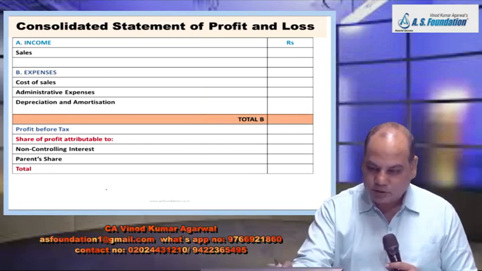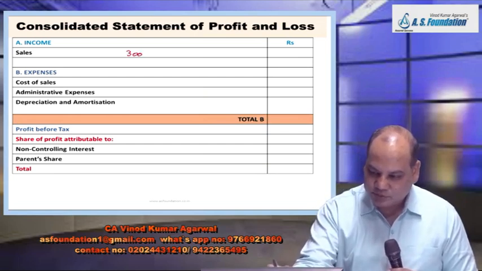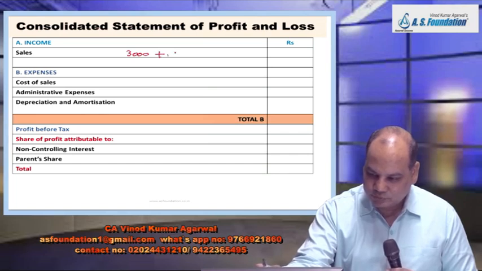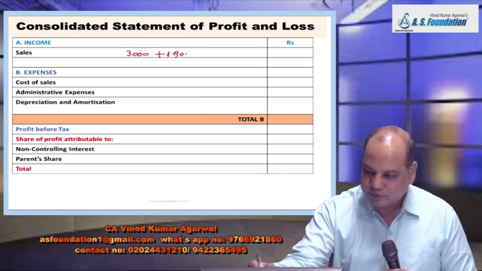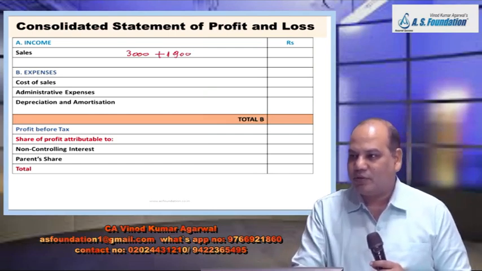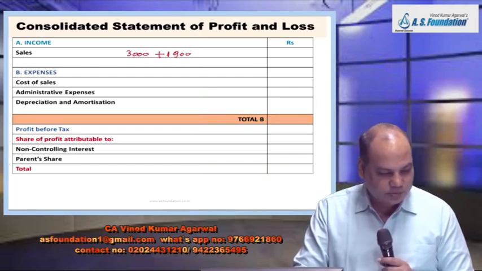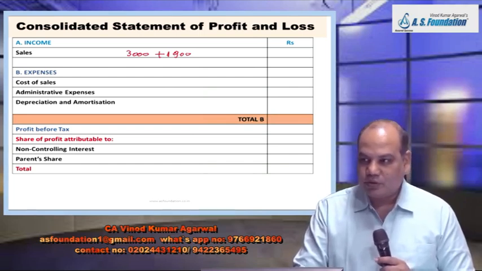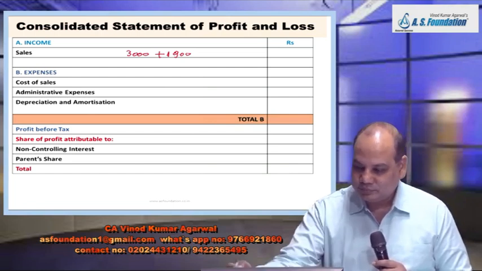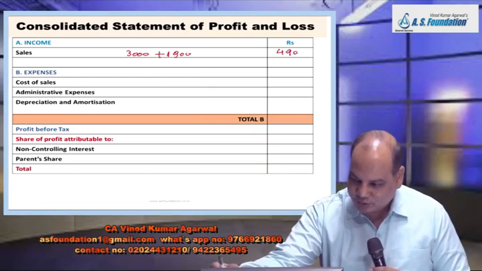Do we have any intercompany sales and purchase? No. Is the subsidiary acquired for 1 year full, 12 months? Yes. So we'll just add these two numbers. 3,000 plus 1,900. How much? 4,900. Very good.